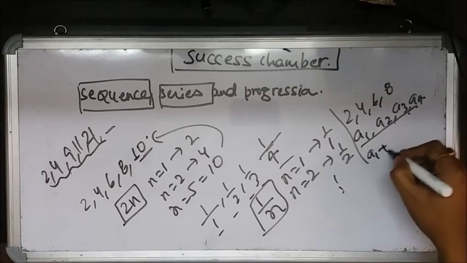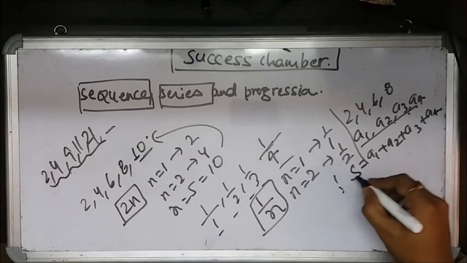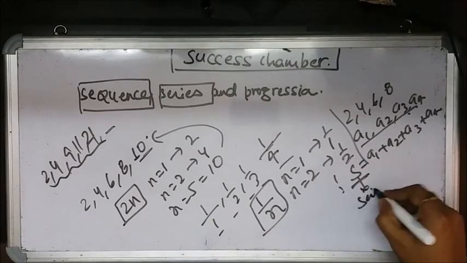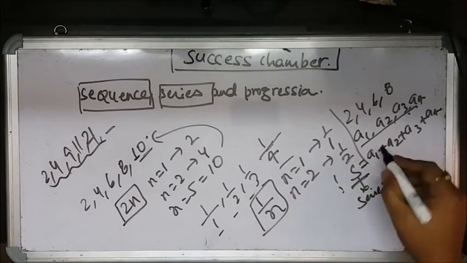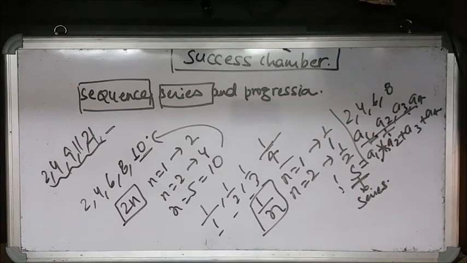If I add all these terms, this becomes a series. So any of the operations, let it be multiplication by 2 or minus 2 or division by 2, if it is being done on the terms of a sequence, it becomes a series. So this was about the definition of sequence and series, which should be clear in your mind.